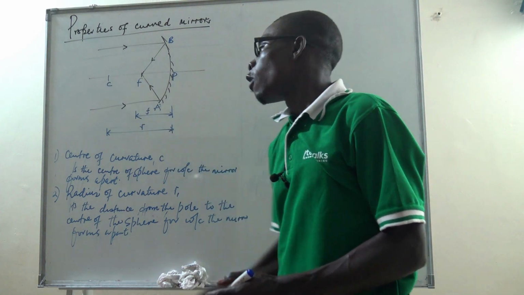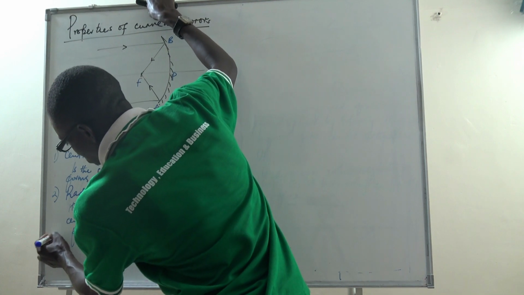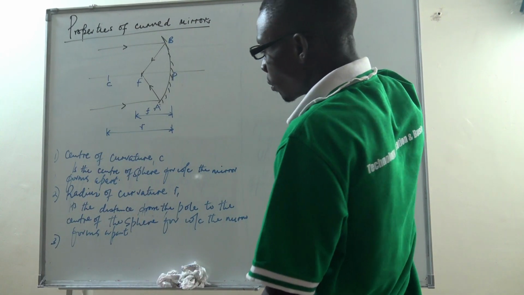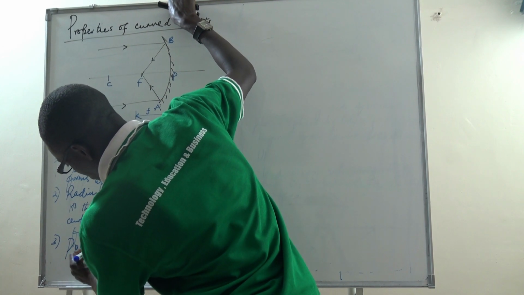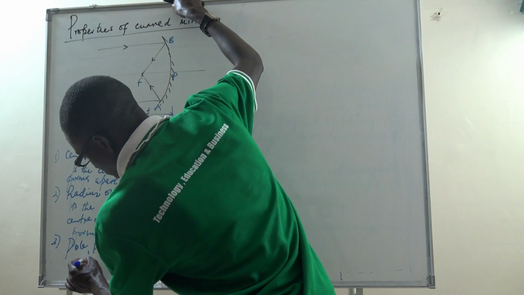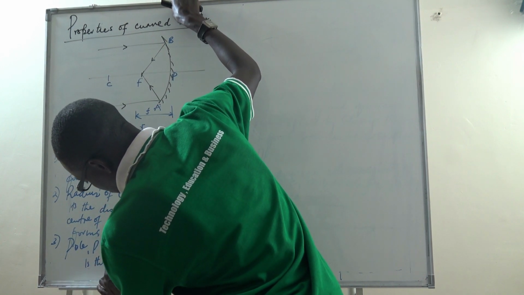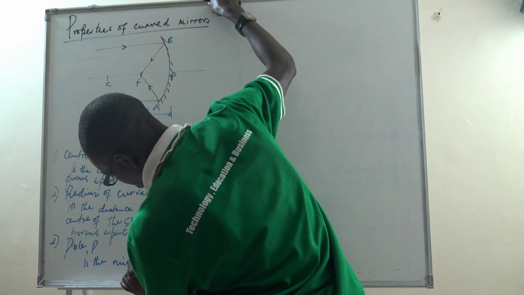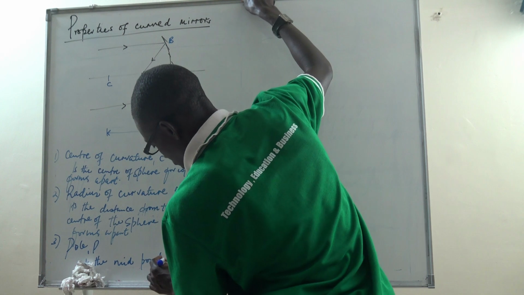So now we have talked about the pole. What is the pole? Pole is point P on our diagram. Pole P is the midpoint of the curved surface.